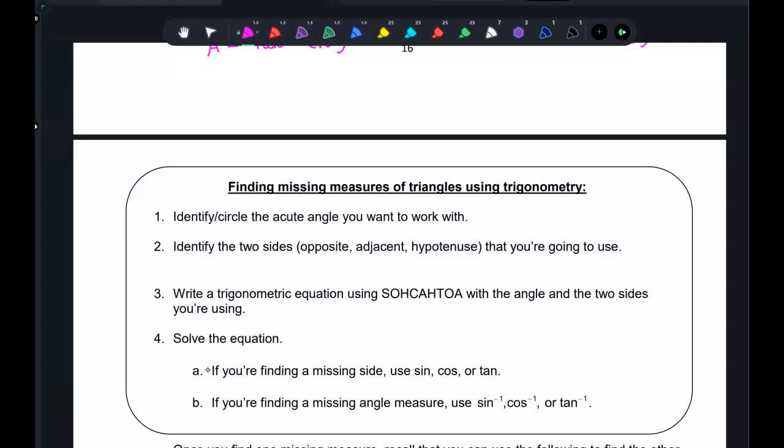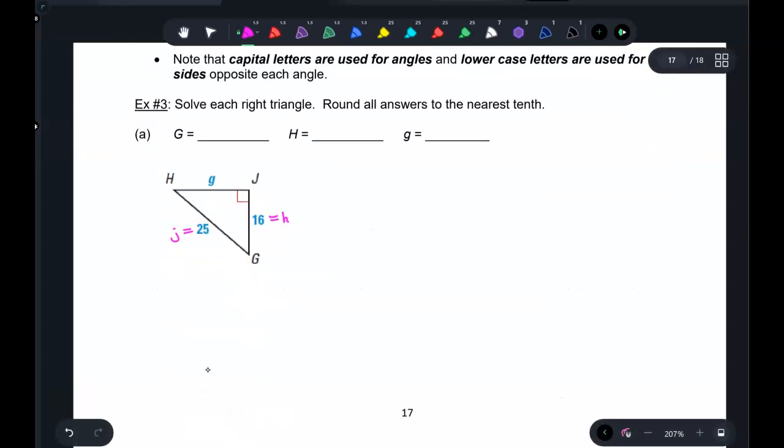So, step 1. Identify or circle the acute angle you want to work with. I can start with G or H. Do we want to work with G? The problem with G is that I don't know angle G and I don't know side g. So let's pick something different.